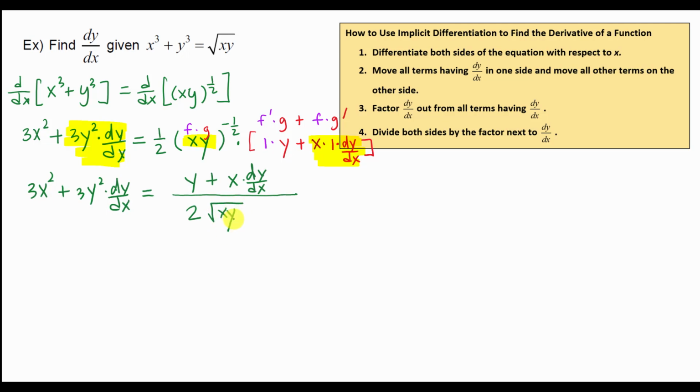And because of that 2 radical xy in the denominator, I cannot move the x dy/dx term from the right to the left.